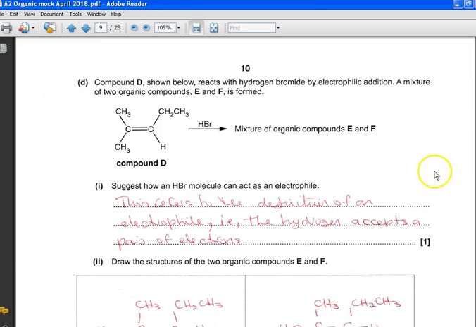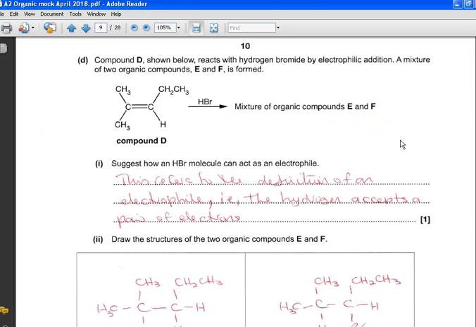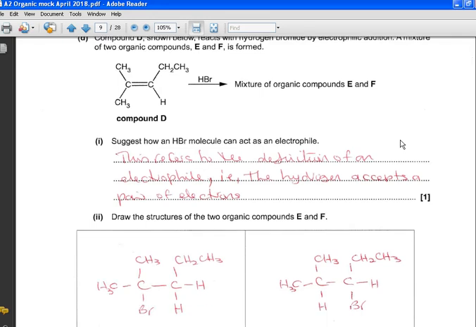Okay, so you're told that this reacts by electrophilic addition, and you get 2 different products formed. So straight away you should think Markovnikov's rule. Okay, so suggest how hydrogen bromide molecule can act as an electrophile.